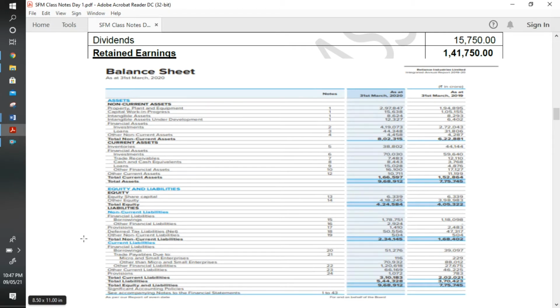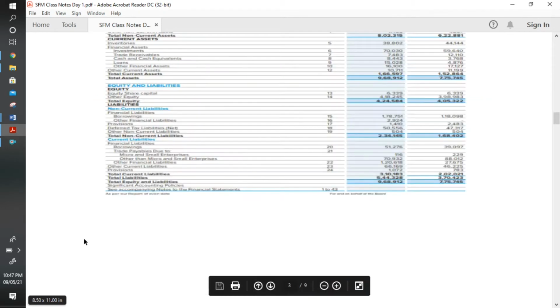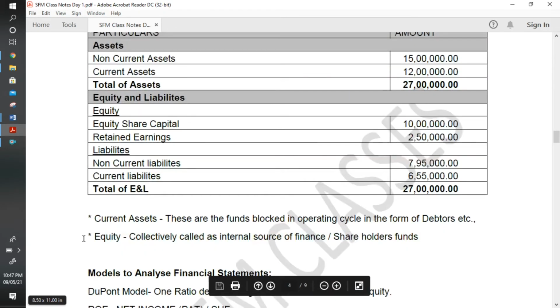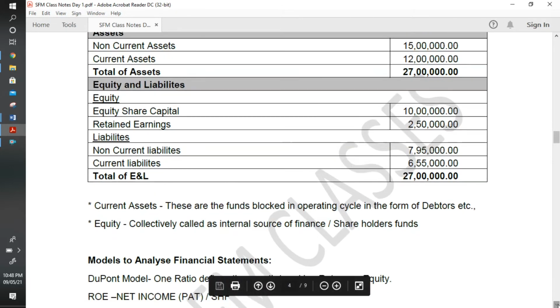So we can analyze the balance sheet and arrive at a few ratios which are very important in decision making, like quick ratio, debt to equity ratio, working capital ratio, and many things as such. Now, we'll start with certain models to analyze the financial health of the company.